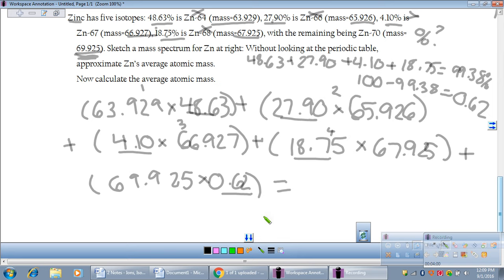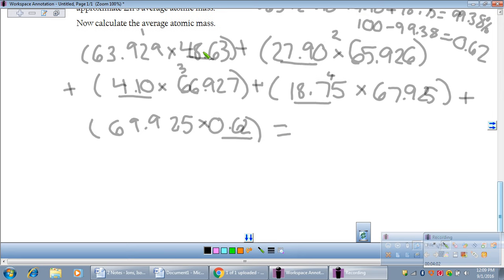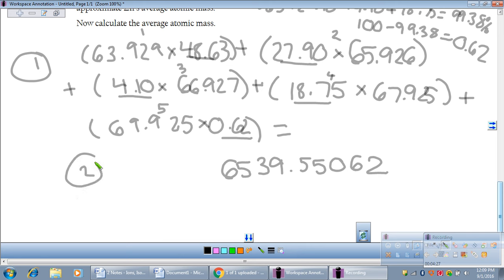Alright? So you must have a percent abundance and a mass for each isotope. You multiply those together for isotope 1, isotope 2, isotope 3, isotope 4, isotope 5, and add that all up to get a very large number. So my calculator says this. That's your first step. The second step was to divide by 100.